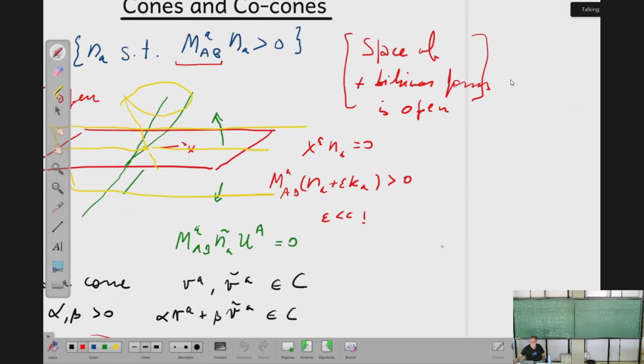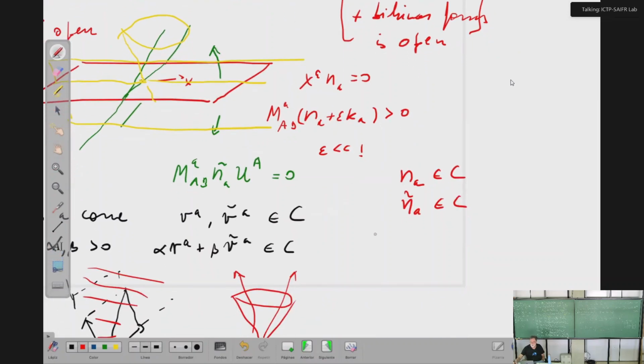If I have an N_a inside C and then T twiddle inside C, then if I do a positive linear combination and apply to it, this is positive and this is positive, so this is positive, right?